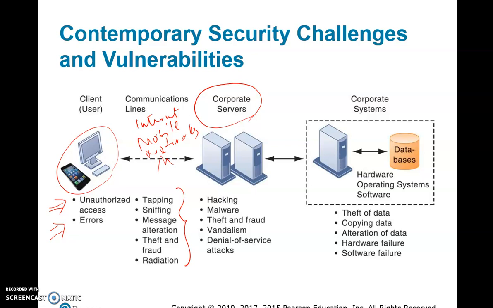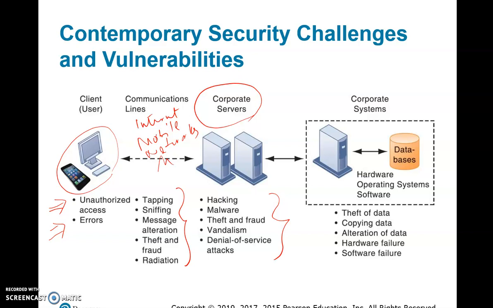Once we reach the corporate servers, they can be hacked. They can have malware, malicious software. You can have theft and fraud on corporate servers. You can have vandalism, denial of service, those kinds of things.